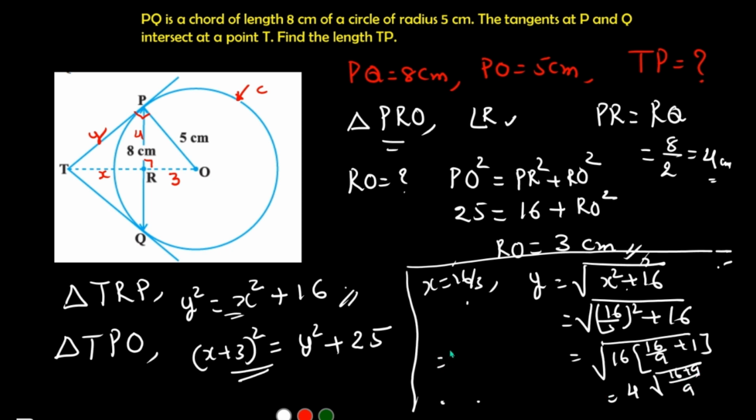So that I'm rewriting here: 4 into the square root of 25 by 9, right? What is the square root of 9? It's 5 by 3. So 4 into 5 by 3 is 20 by 3. Clear? So finally our answer is 20 by 3.